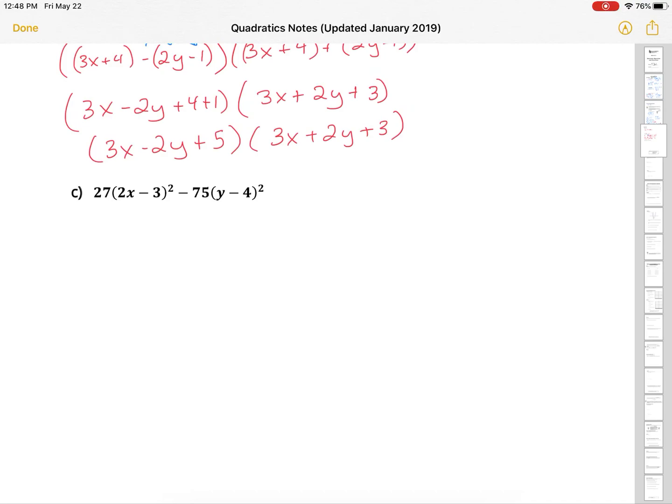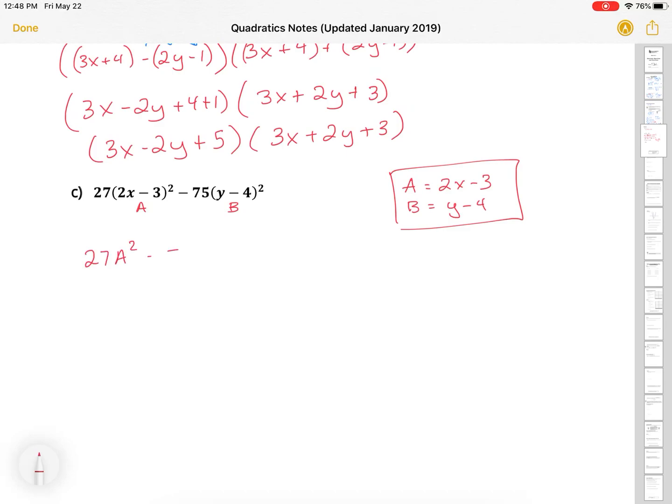For this one, I did choose to do substitution. I made this an A and this a B. So A equals 2x minus 3 and B equals y minus 4. And the reason I did this is because there's a lot of stuff going on here. So we get 27a squared minus 75b squared. Now, what I want to do is common factor first.